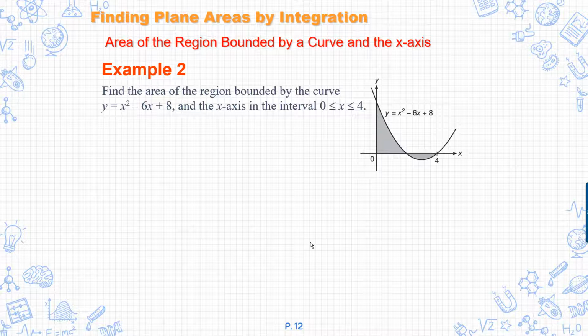Very right. Now you have tried. Let us check whether your answer is right or wrong. Fine. Let's talk about the solution of this problem. Here, x square minus 6x plus 8 is crossing the x-axis. That means some portion of this curve is below the x-axis while some other portion is above the x-axis.